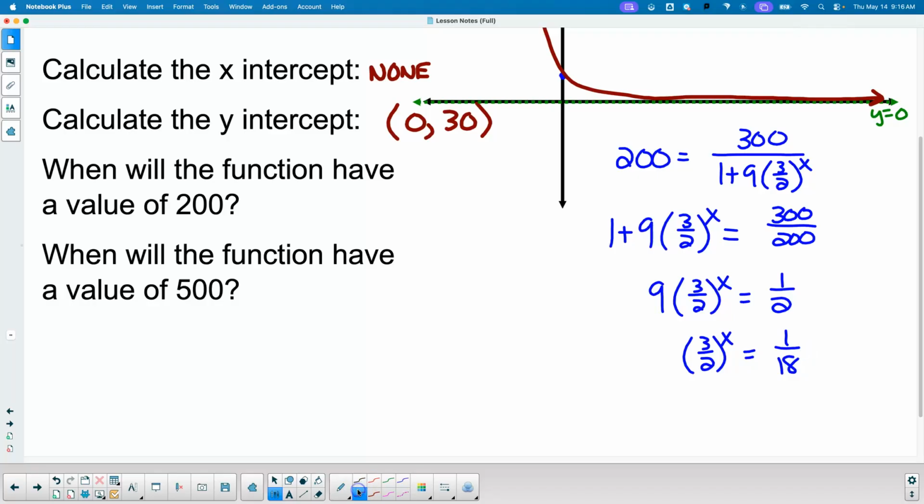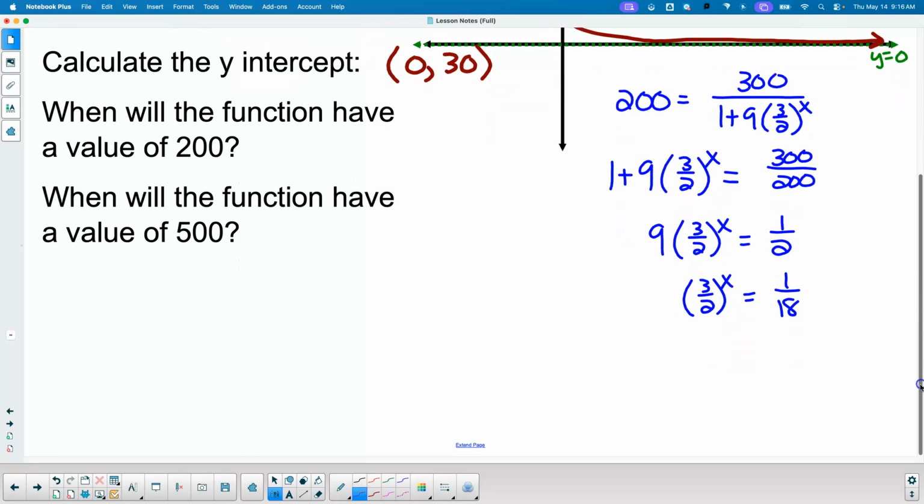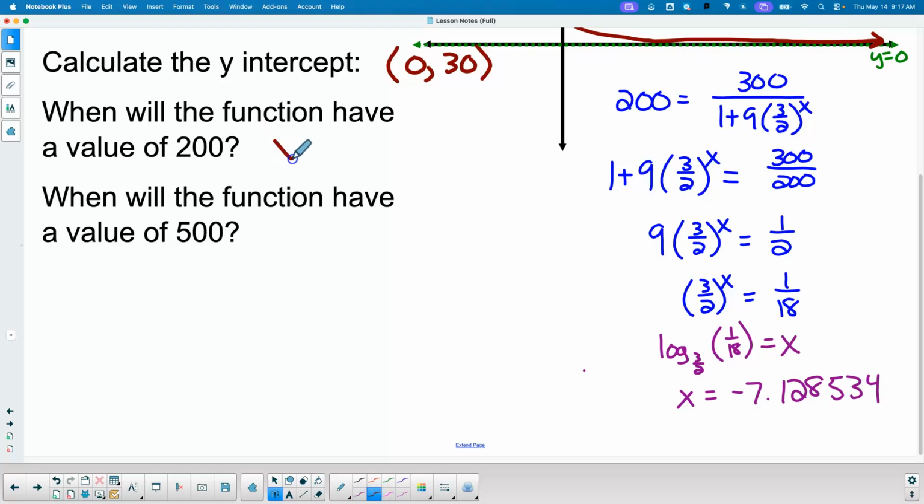Then I can switch forms. Then I can calculate it. So I get an x value of negative 7.129.